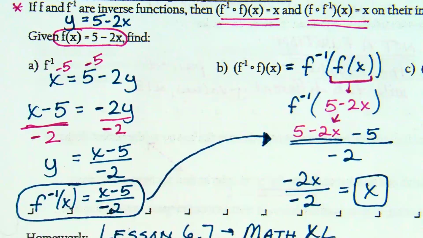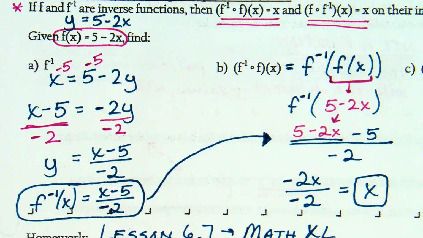Now, we're going to work C out. But what's the answer that I'm going to get for C? Not x this time. Because what's my input? 2. Think about it.